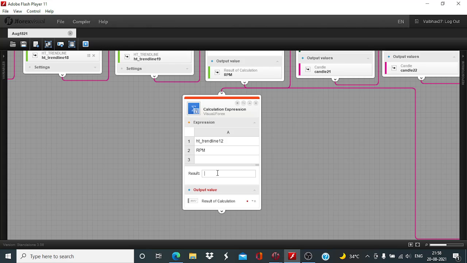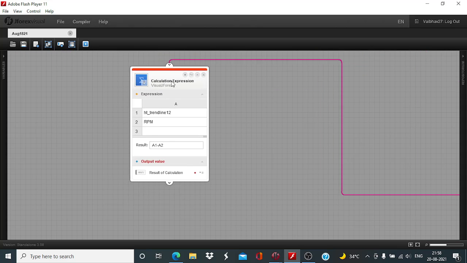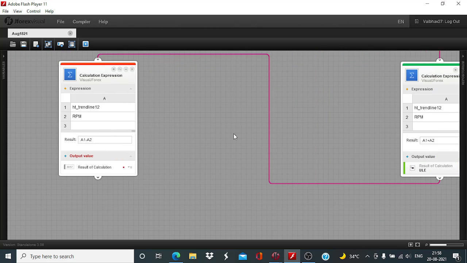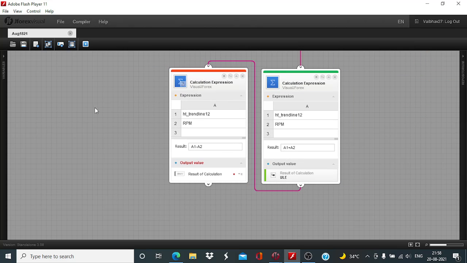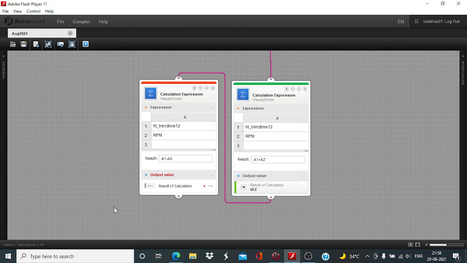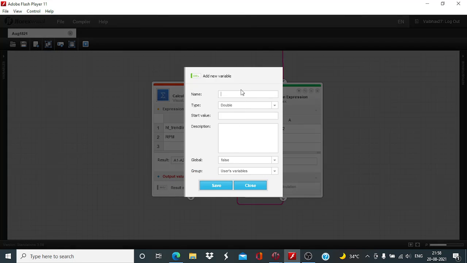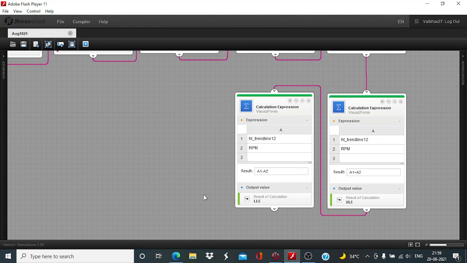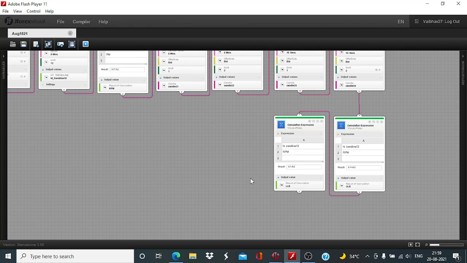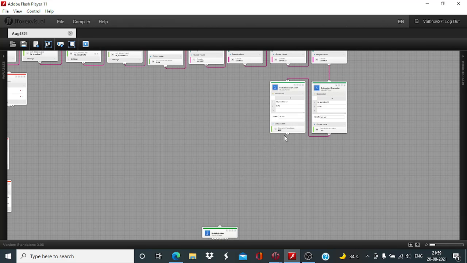This is going to be A1 minus A2. This is going to be the lower limit for execution. Okay. Now I can join it back to the multiple action on the lower side.